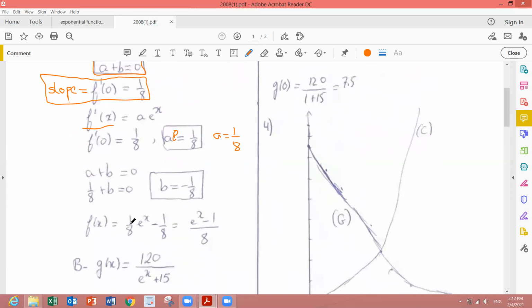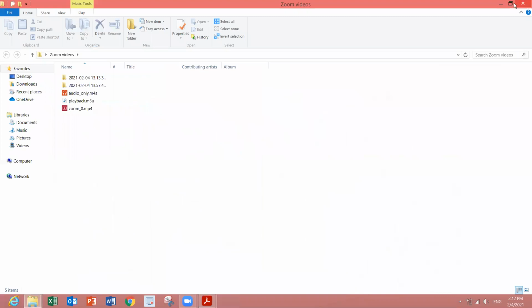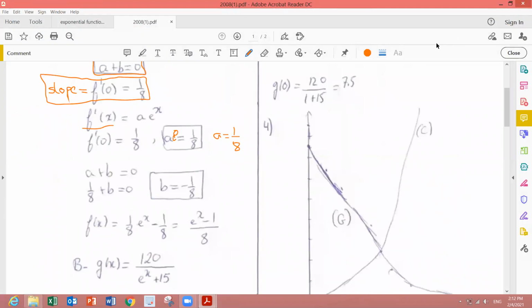F of x equals a e to the x plus b, يعني 1 over 8 e to the x minus 1 over 8, same LCM, (e to the x minus 1) over 8. Any questions? No.